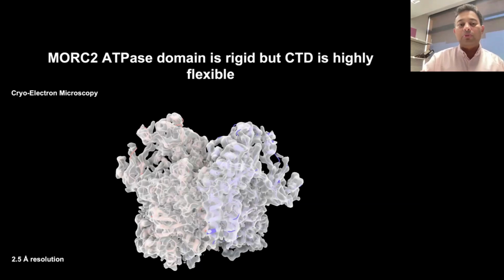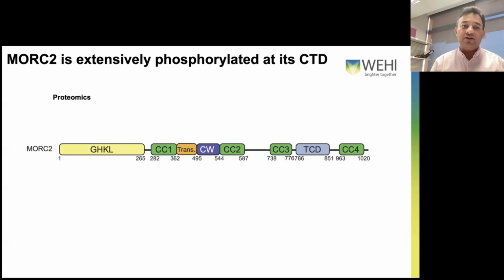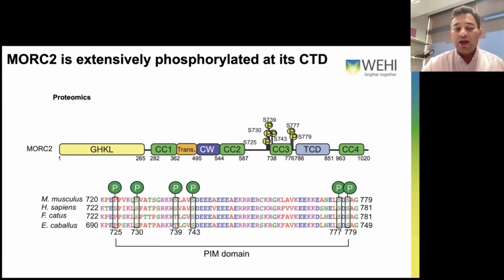That's all very exciting, but we wanted to probe MORC2 function further. And now we wanted to concentrate on seeing the effect of post-translational modification. In this regard, we first concentrated on phosphorylation, and we observed that MORC2 is indeed heavily phosphorylated in its C-terminal domain around the coil 3.